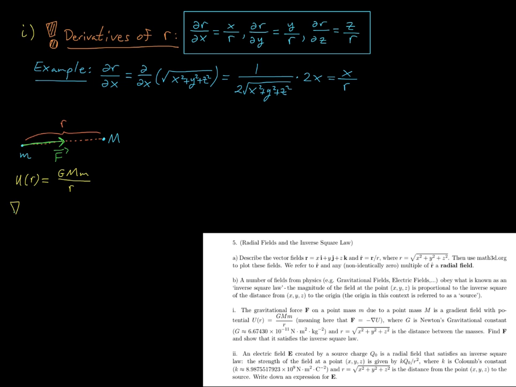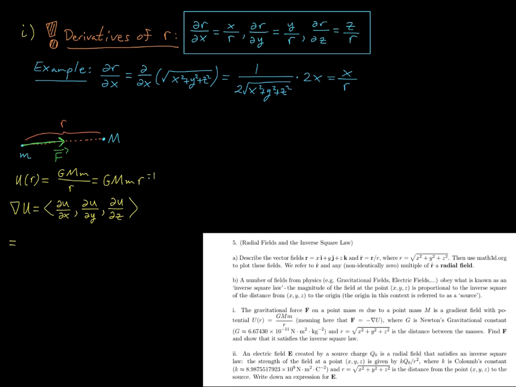Okay, so now with that in mind, let's compute the gradient of this potential function u. The gradient of u is going to be the partial of u with respect to x for the i component, the partial of u with respect to y for the j component, and the partial of u with respect to z for the k component. For the x derivative, notice that u I can write as GMm times r to the negative first power.